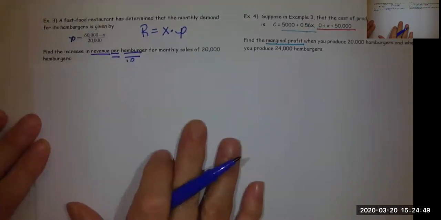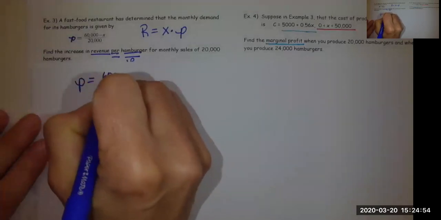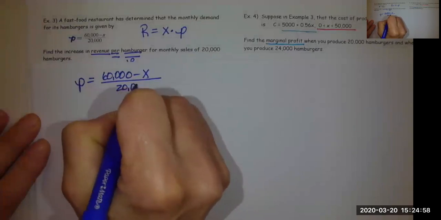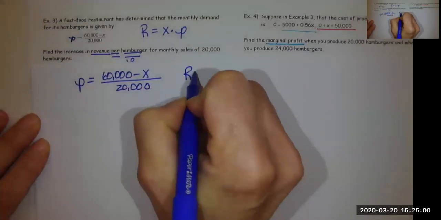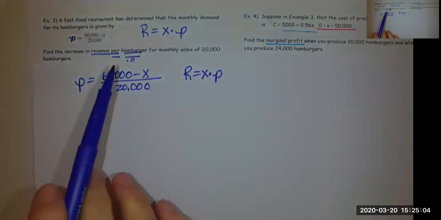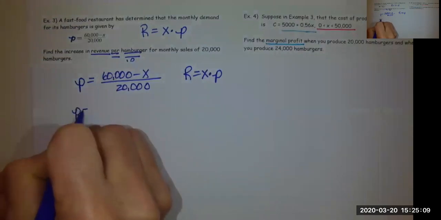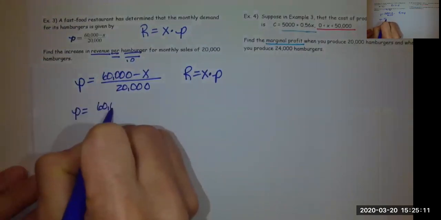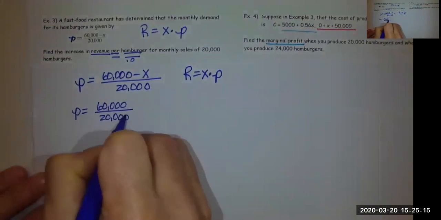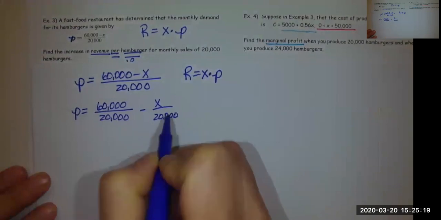So here we go. P equals (60,000 minus X) over 20,000. And we know that R equals X times P. Right now, this is kind of scary looking. I know y'all don't like fractions. So can we break this up and have 60,000 over 20,000 minus X over 20,000?